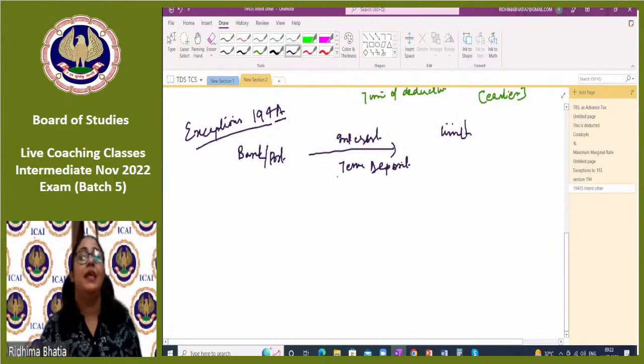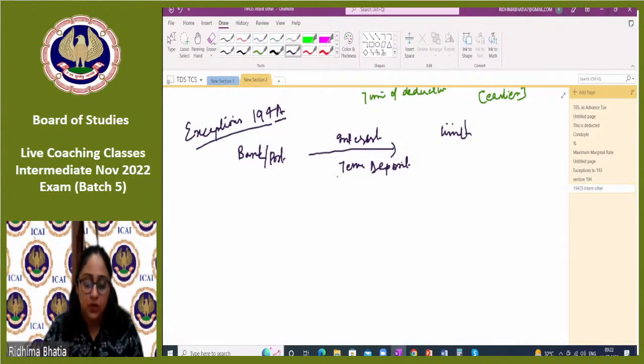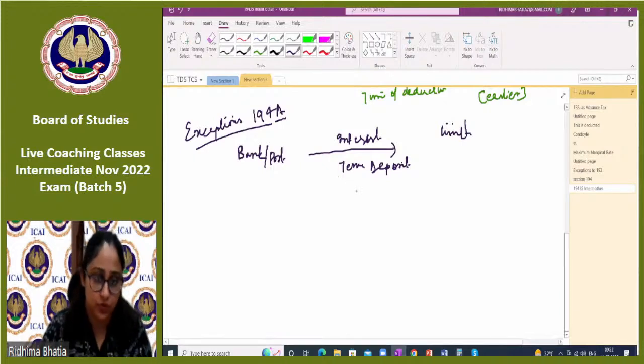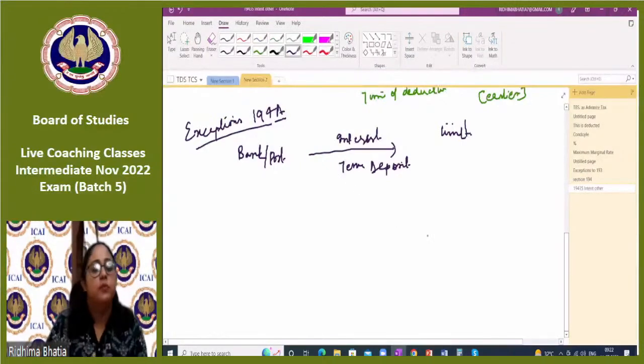Term deposit क्या होता है? Like FD, recurring deposits, those which are there for certain terms. Saving deposit is not a term deposit, it's an on-demand deposit. ठीक है? Interest आपको saving पे भी मिलता है, but here I'm talking about interest on term deposit.